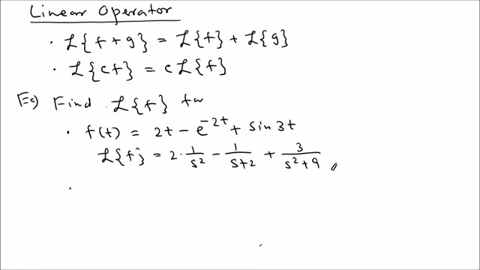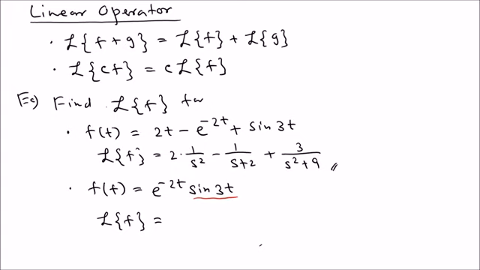Let's do another one. Let's say you have f(t) equals e to the negative 2t sine 3t. If you have something like that, that's the shifting function. What we can do is first find the Laplace transform of the main function, the sine 3t.